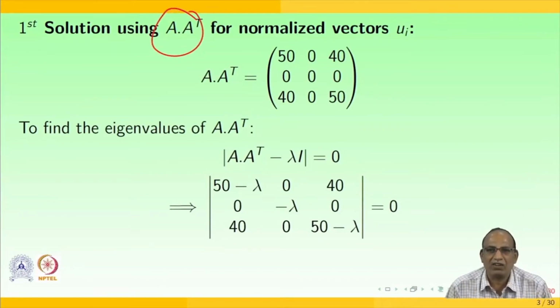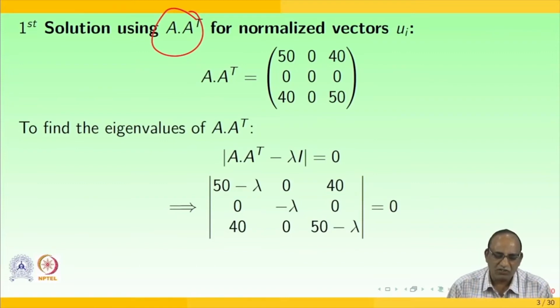For normalized vectors Ui, A times A transpose is equal to 50, 0, 40, 0, 0, 0, 40, 0, 50.